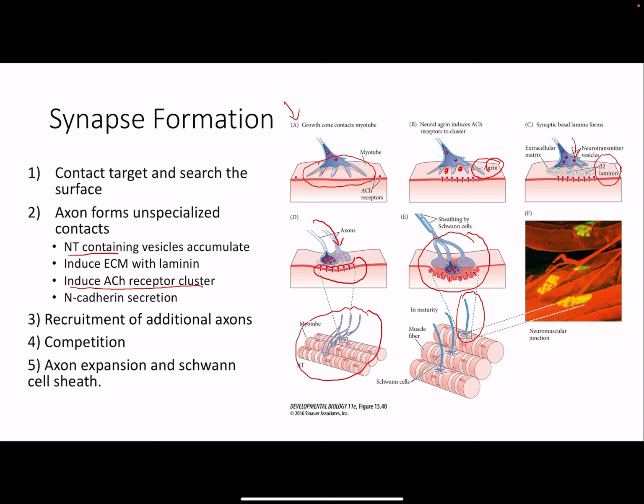That leads to that axon expanding out, taking over more area, and then we wrap it up with Schwann cells, creating that myelin sheath, which creates our full-on axon interaction. So in order to make sure that we create these connections, we send out multiple axons into that area, and whichever one attaches the best is the one we keep. The rest we prune back and get rid of.